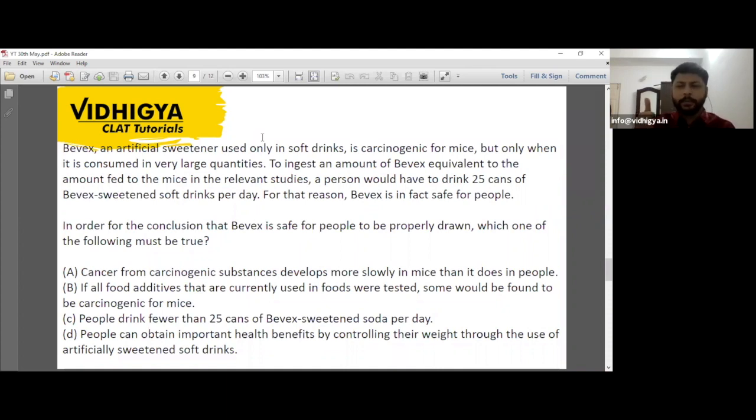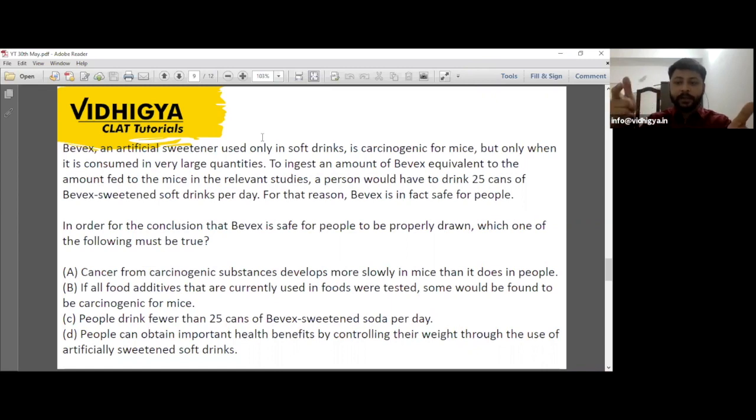A simple question stem, easily observable: what we can conclude. Another question stem, again easily observable: what we cannot conclude. The other question stem which will be observable is: in order to conclude this, what the author must have assumed.